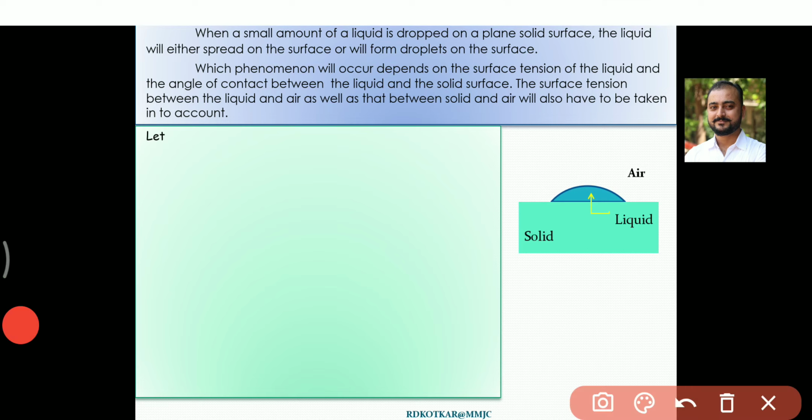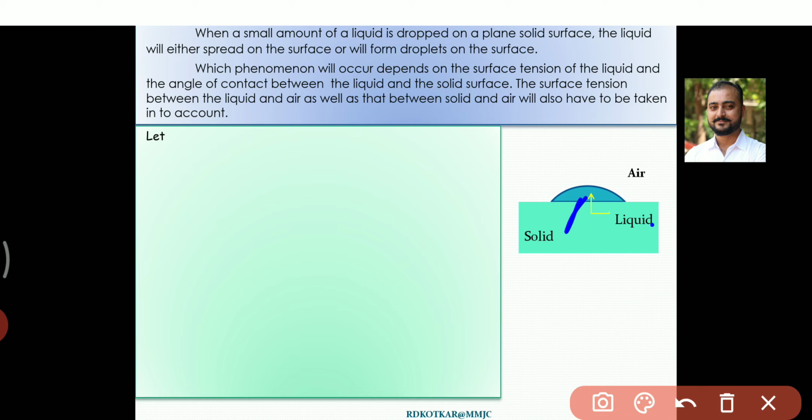Here we consider this is the solid on which this liquid drop is put. So in that case, this will depend on surface tension between this solid as well as liquid and air also.